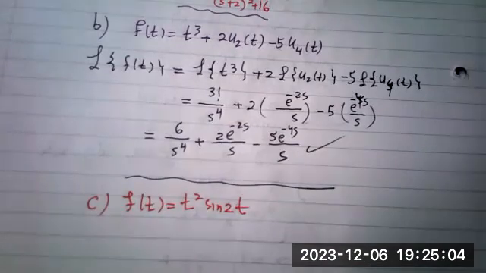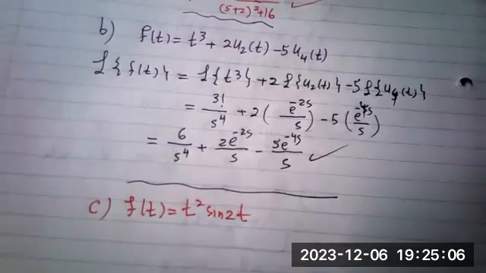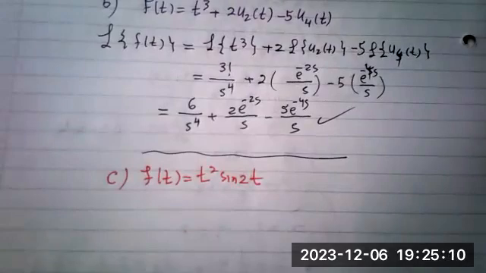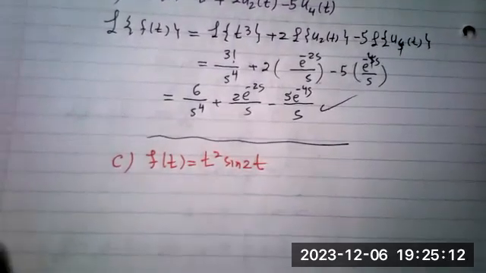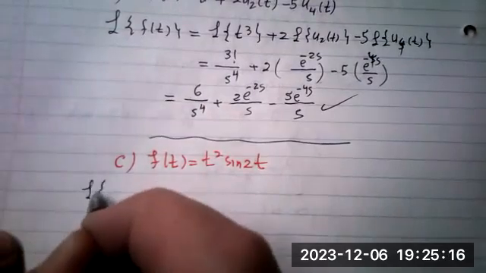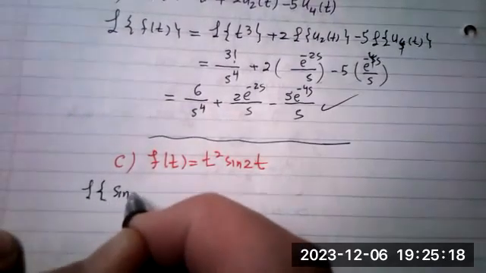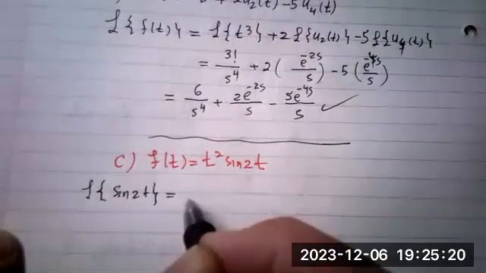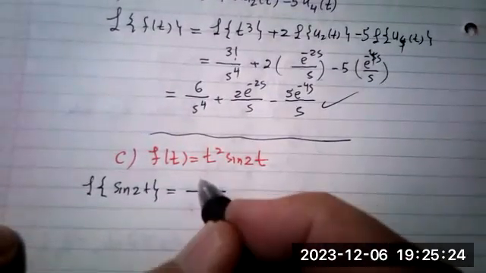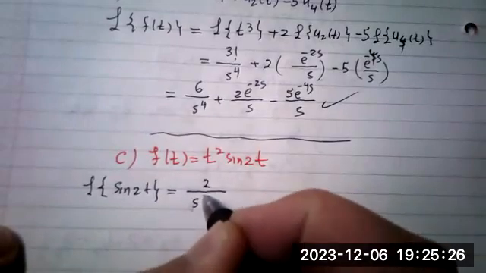If you have a t squared, you have to go for the second derivative. So this is how we're going to do it. You have to find the Laplace of the sine of 2t first, then differentiate. So the Laplace of sine of 2t is equal to 2 over s squared plus 4.